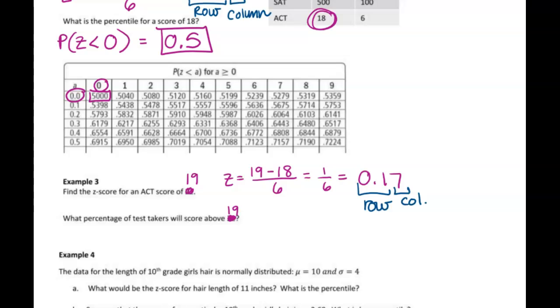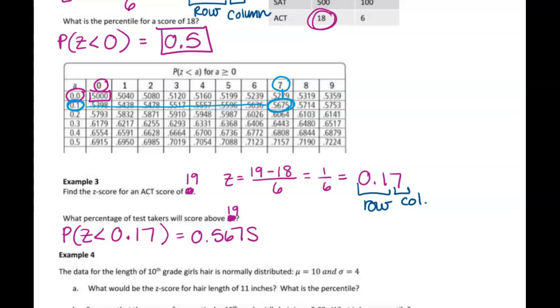So let's see, 0.1 is right there. We're looking for our column that's 7, and so we'll just see where these meet. Works easier if you have paper and you can just follow with your fingers. You get 0.5675. So that means the probability that z is less than 0.17 is 0.5675.